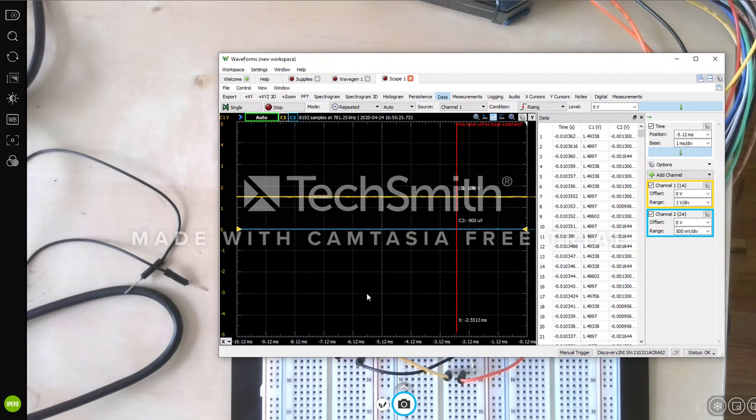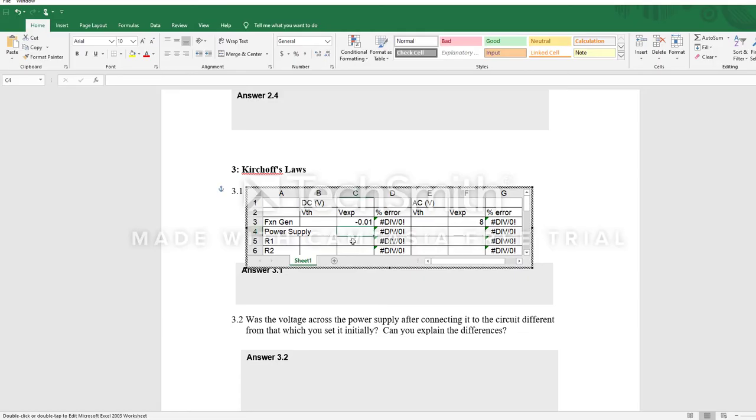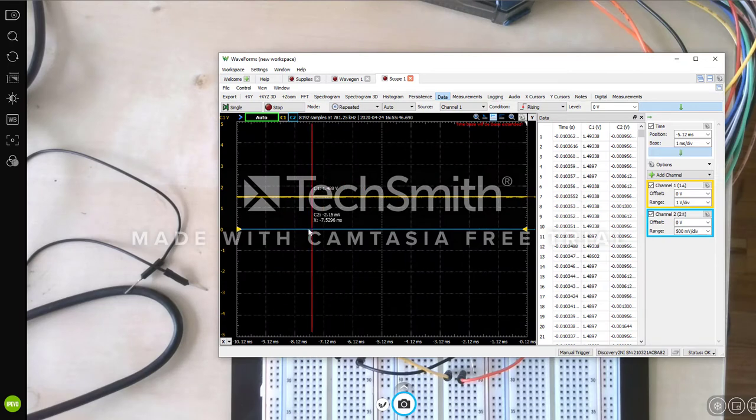Now let's see our measurements. All right. It is around 1.49, which is the supplied DC voltage, right? Almost. And what's the AC component? Zero, right? We don't have any periodic signals.